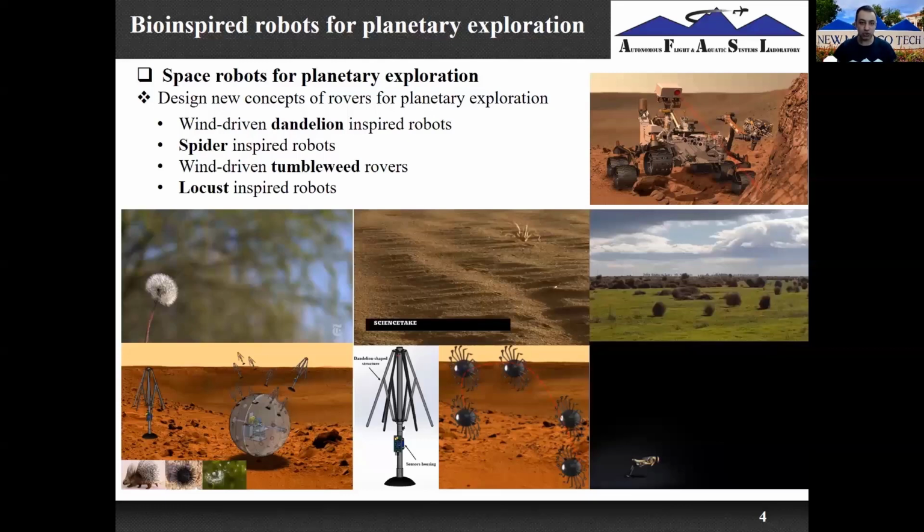So what is the solution if we want to further investigate those planets? The application we can have here is that drones can be deployed on different planets like Mars for exploration. But they have some challenges and risks with the deployment.